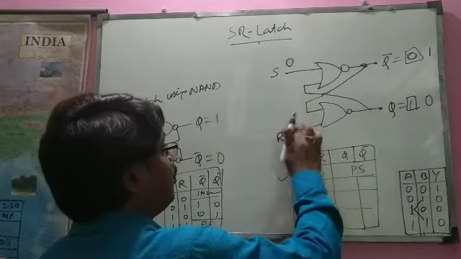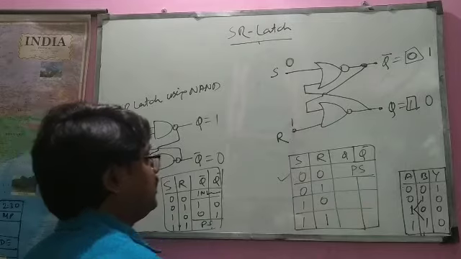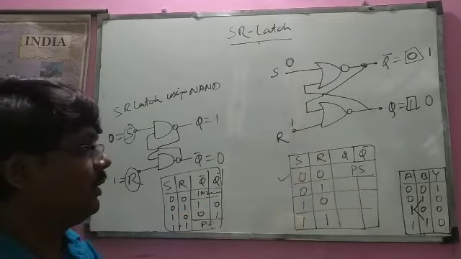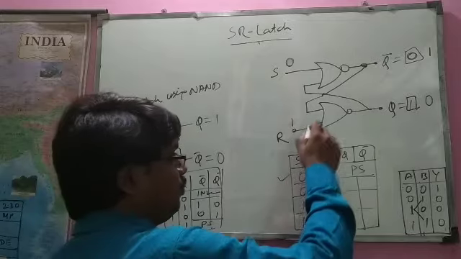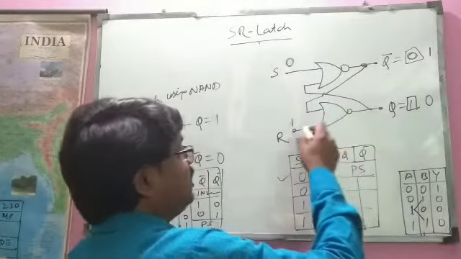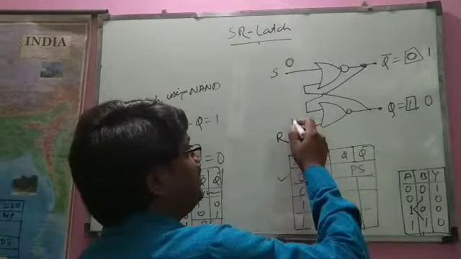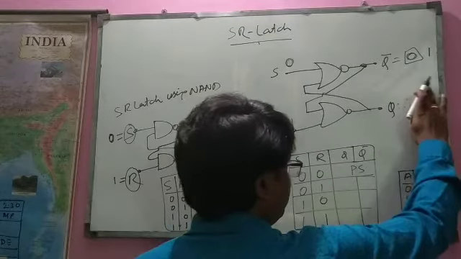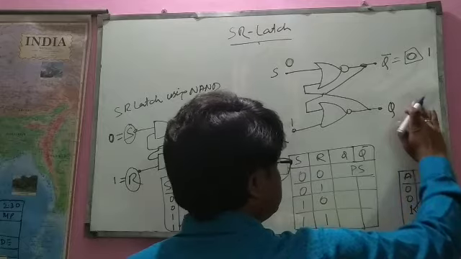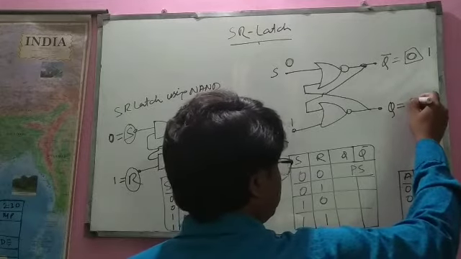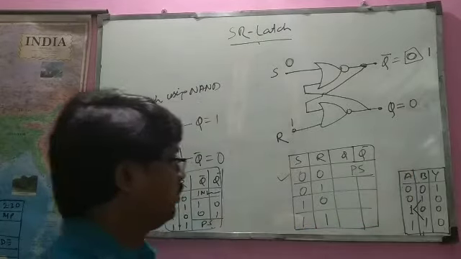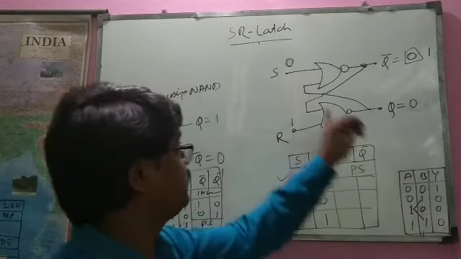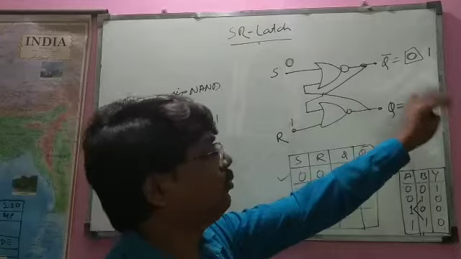And see other things. Let us suppose we are watching 0 1. So now this is the enable input, its enable is 1. So what will happen? If one input is 1, whatever the other input, the output will change to 0. If any one of the inputs to this NOR gate is 1, its output will be 0.